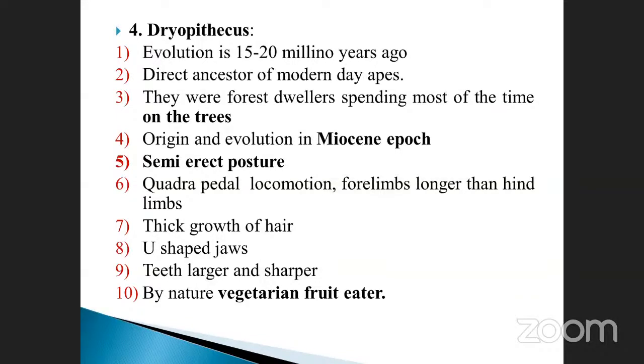This is also another one. See, Dryopithecus, you must note the general characteristic features, particularly which times, which area, which years. Okay, direct ancestor of modern-day apes, and where it lives, on the trees only. Origin and evolution is in the Miocene epoch.